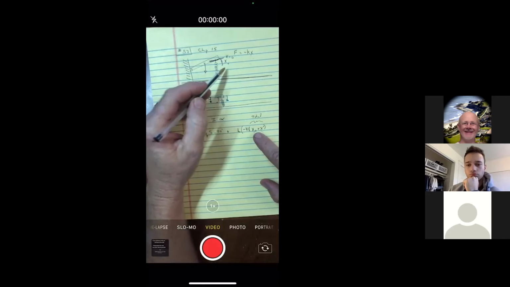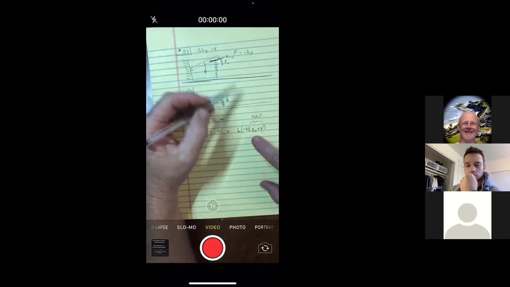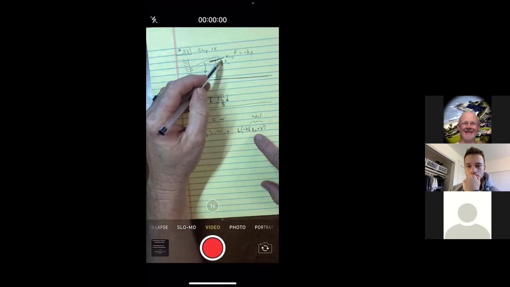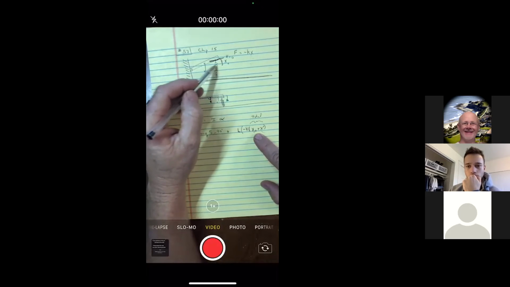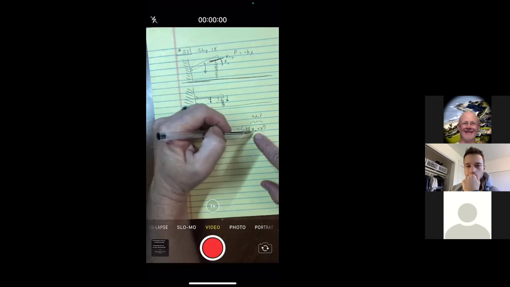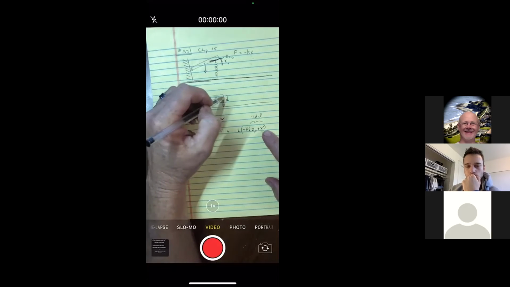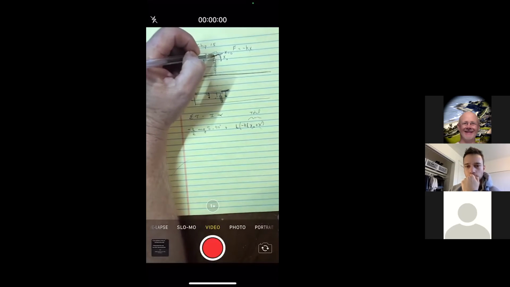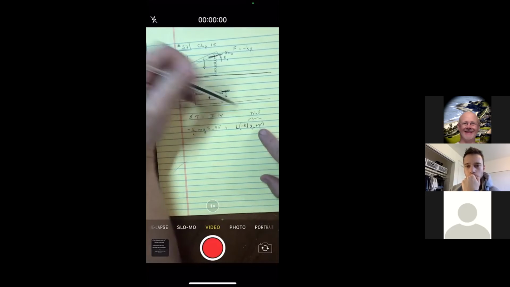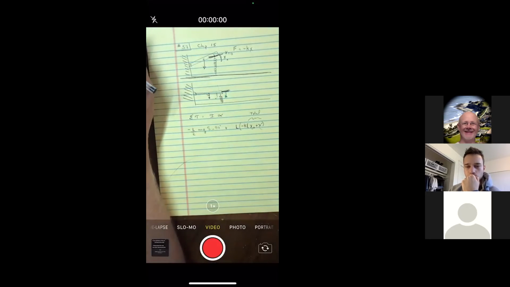The total distance that the spring is compressed is this first part, X naught, which is what brings it down into equilibrium. Then this X prime is actually measured from this equilibrium point, not from the natural length. This is the additional amount I push it down.